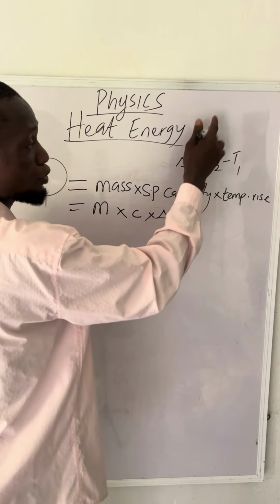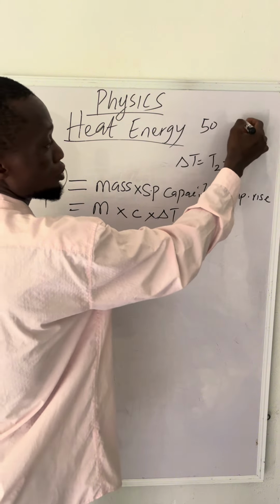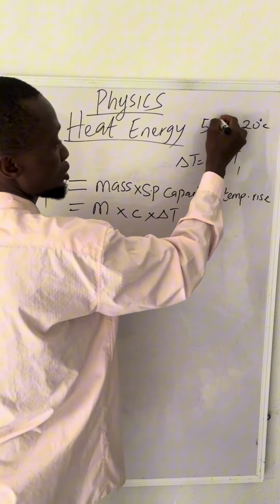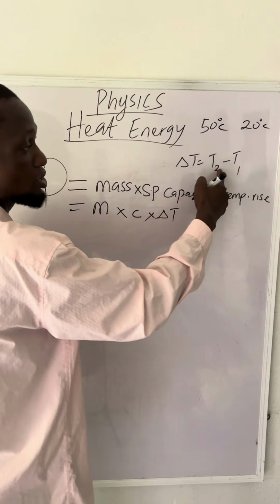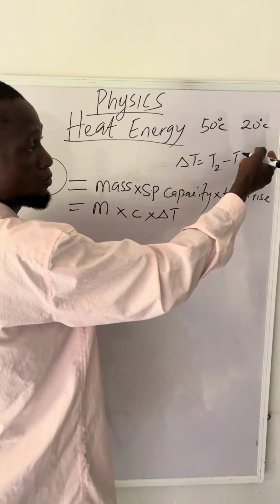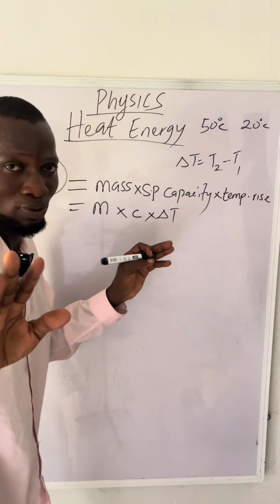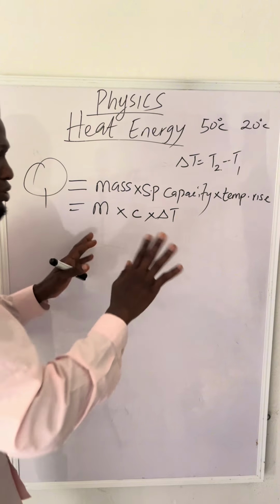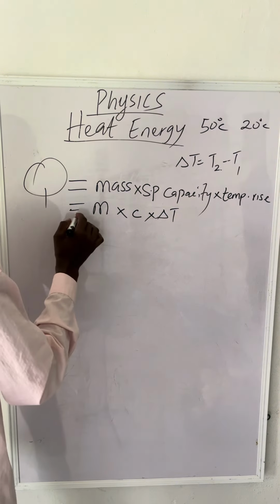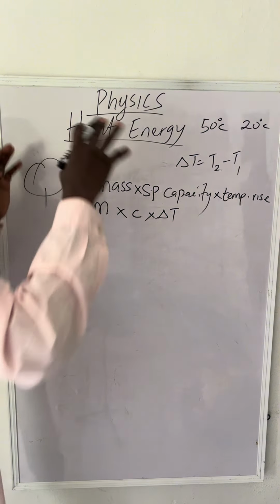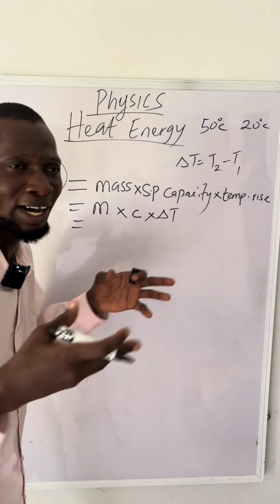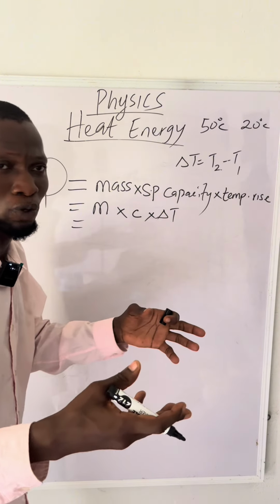Let's say the first temperature is 50 and the second temperature is 20 degrees Celsius, so I'm going to say 50 minus 20. That's just the temperature change, or temperature rise. So this is our formula we're going to be using to calculate the quantity of heat that is going to be added to a material or a substance.